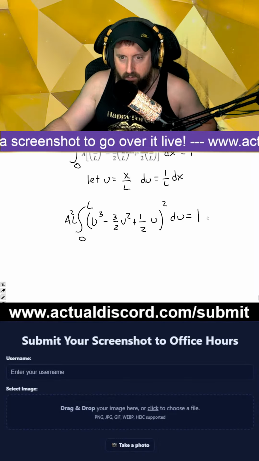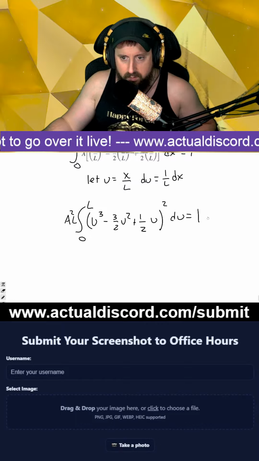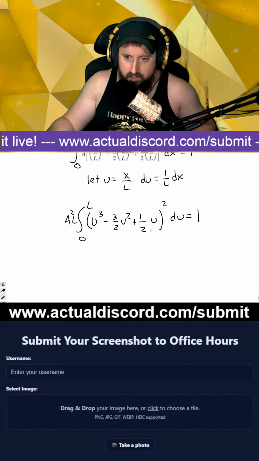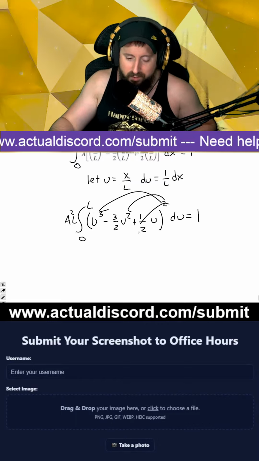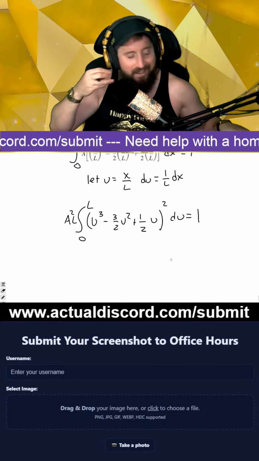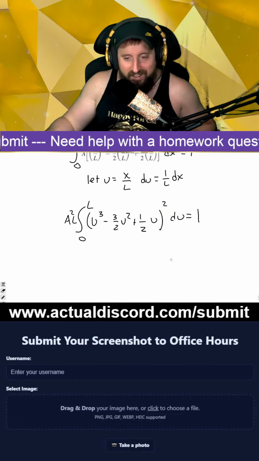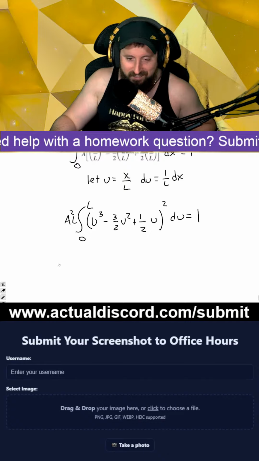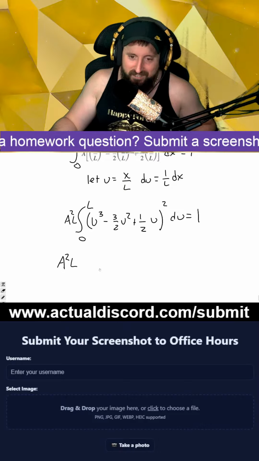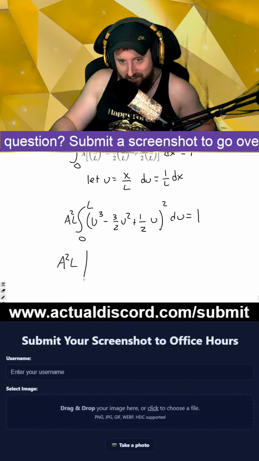This is kind of a messy integral, right? Oh man, this is a pain. I have to go in and square all this? Fine. A squared L. Okay, what is this?